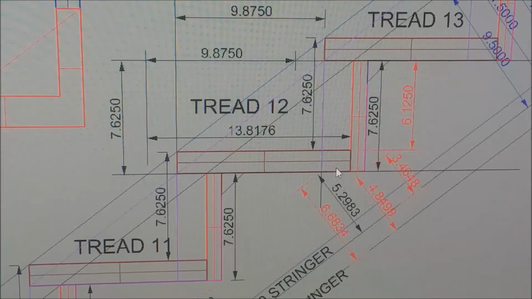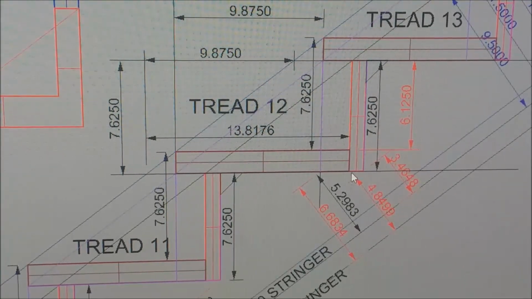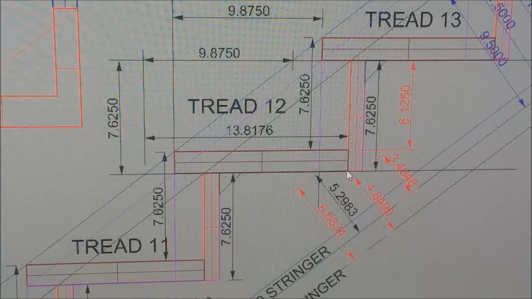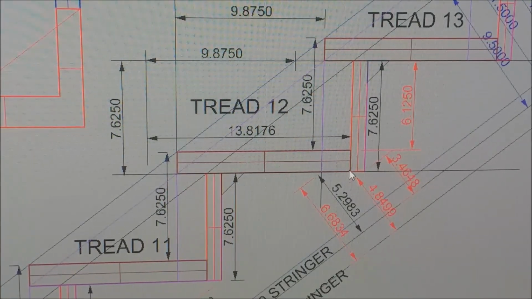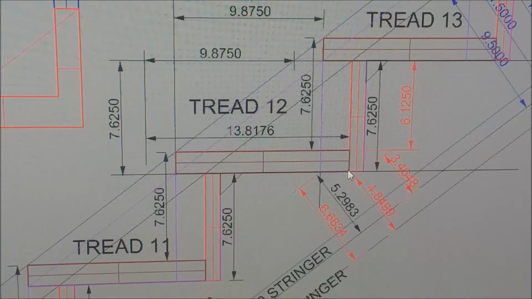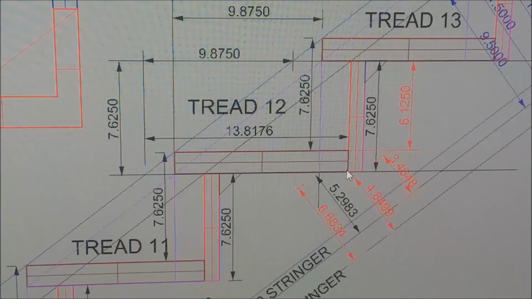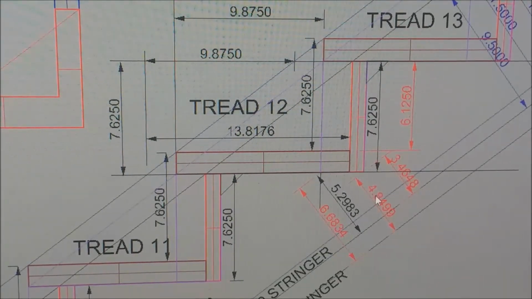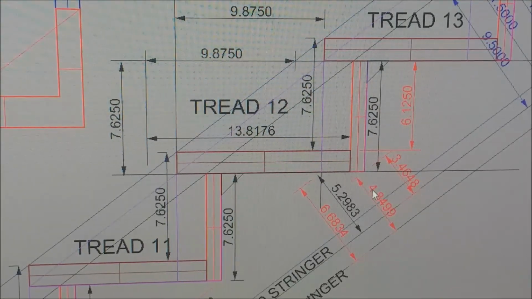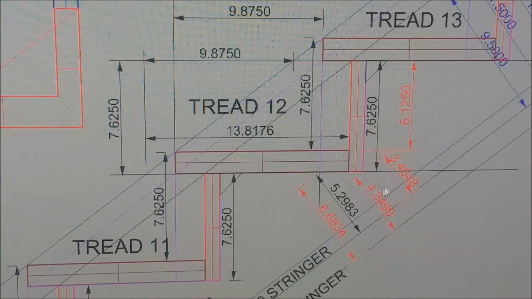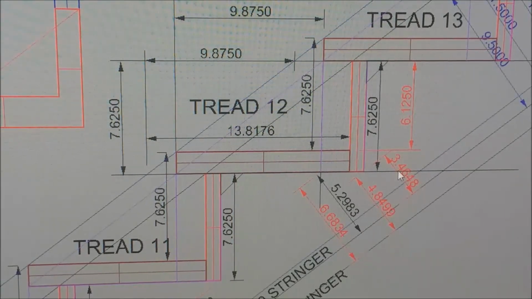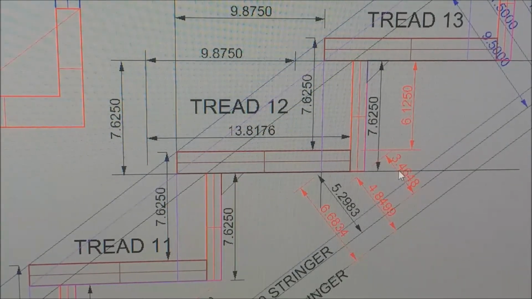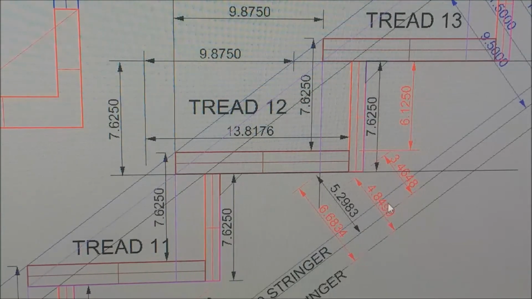Now, if you cut your notch clear back to the back and used a completely rectangular tread, you have 4.8499 here. And if you were using a 2x10, you'd have 3.46. So basically, you have less than 3.5 inches from your notch to the back side of the lumber.